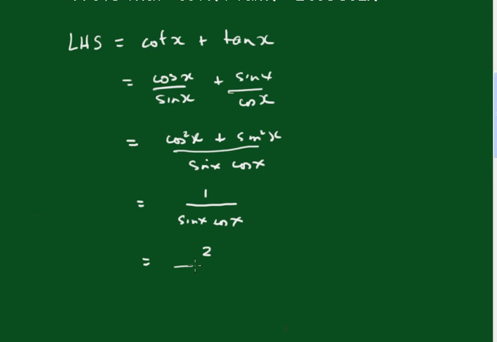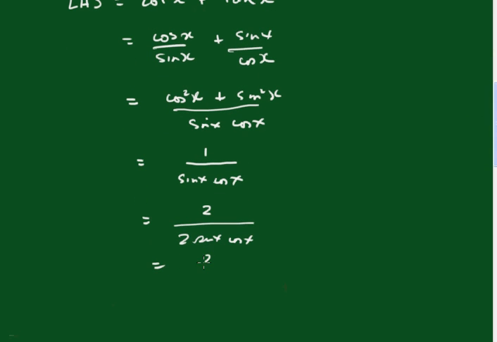We get 2 over 2 sin x cos x. But we know that 2 sin x cos x is sin 2x. So it's 2 over sine of 2x. And of course, the reciprocal of sine is cosec, so it becomes 2 cosec 2x, which equals the right-hand side.